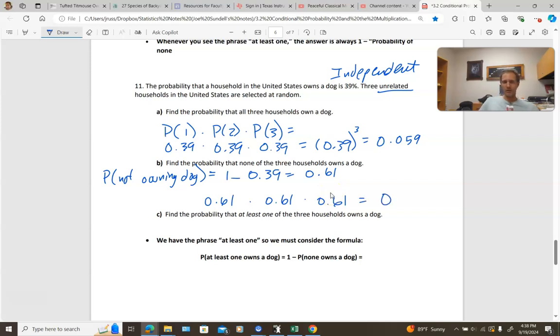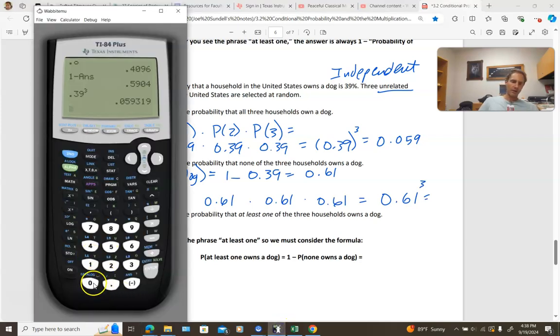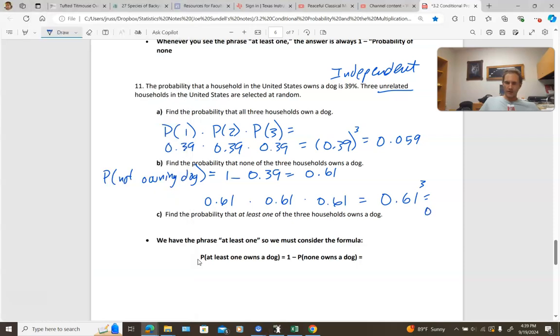So this is going to end up being 0.61 to the third power, or 61 hundredths to the third power. And let's see, to 3 decimal places, this would be 0.227. Okay.